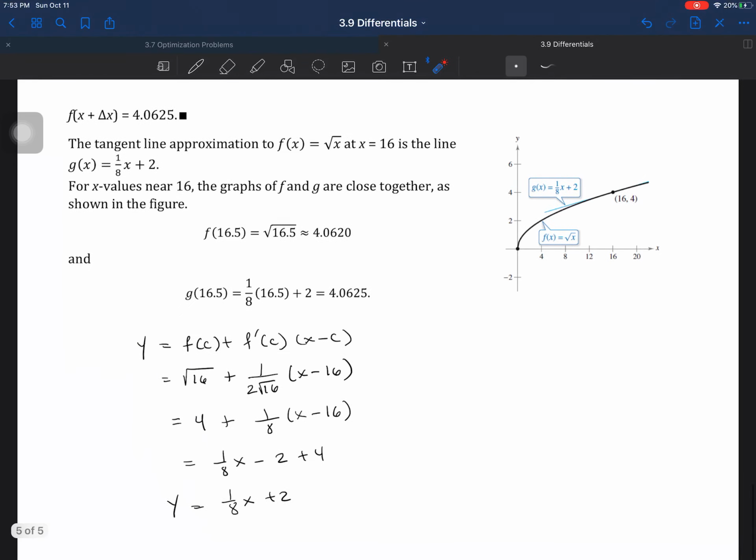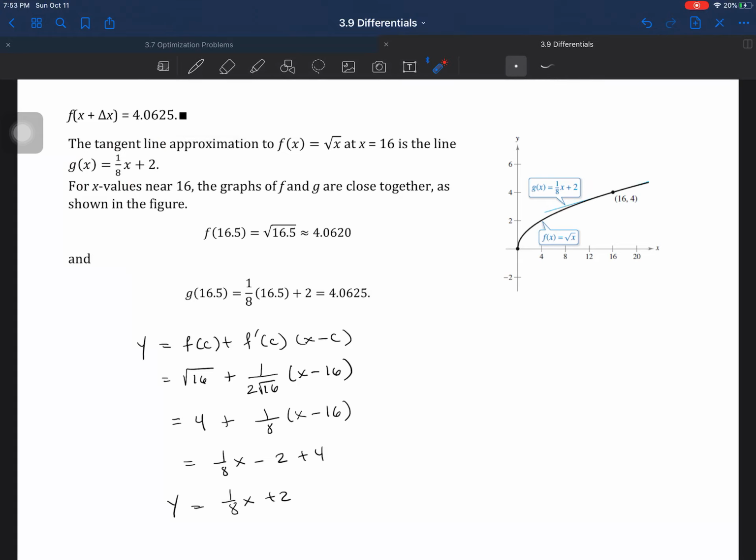So I'm using the same tangent line, y equals f of c plus f prime of c times x minus c. Here my point of reference is 16, so x minus 16, which is the first equation that we used. If we simplify, this gives me 1/8 x plus 2. So that's how we got this equation.